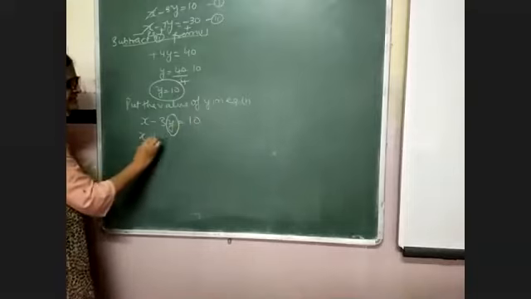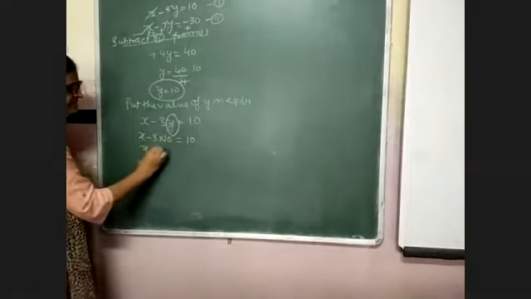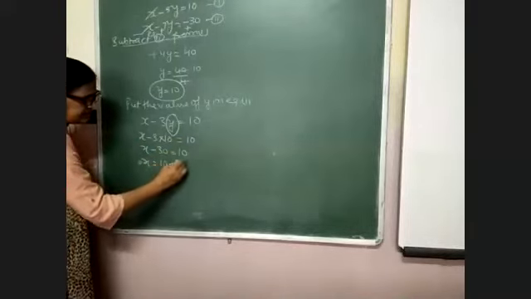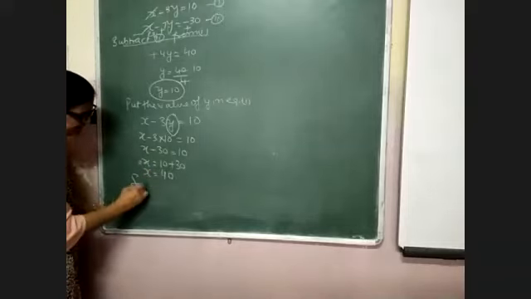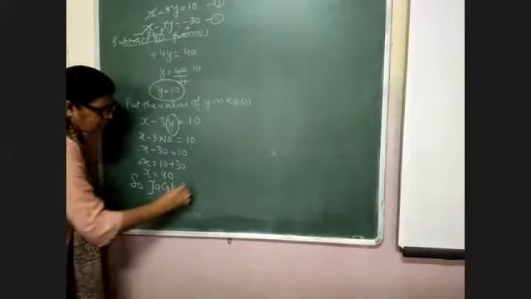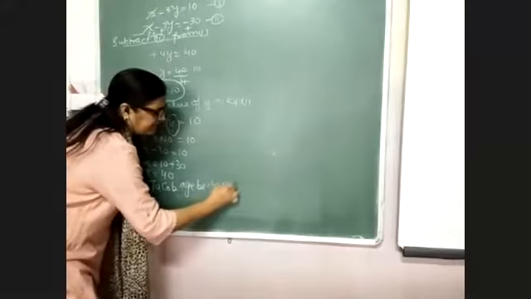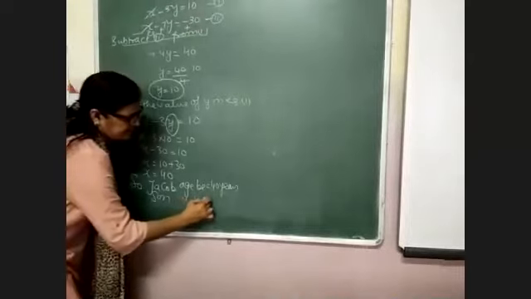So x minus 3 into 10, x minus 30 equals 10. So x equals 10 plus 30. So Jacob is 40 years. Answer, how will you write? Jacob is 40 years and his son is 10 years.